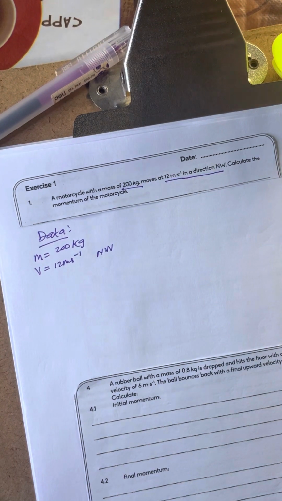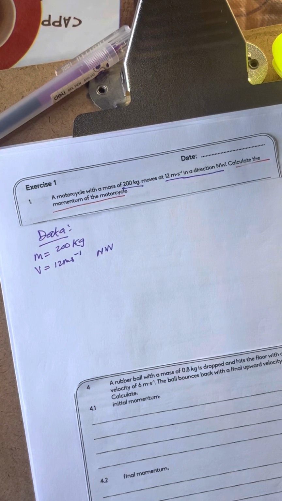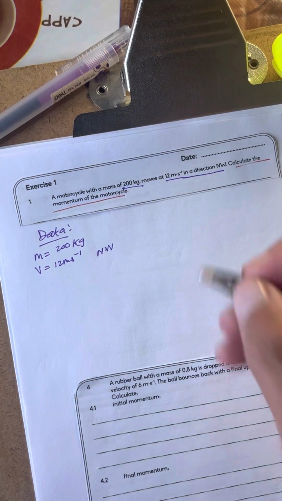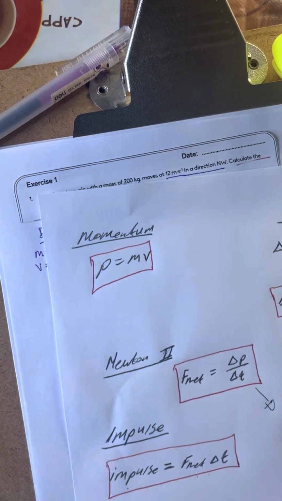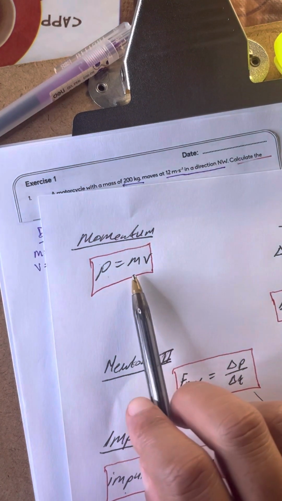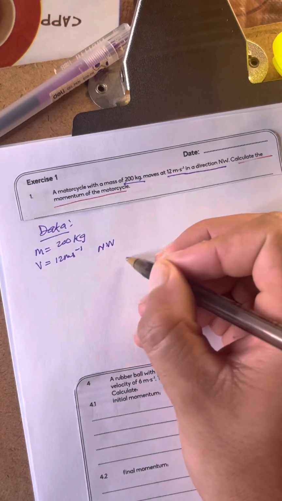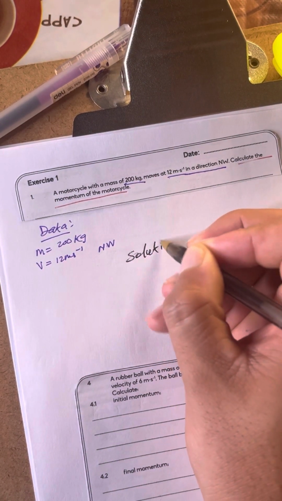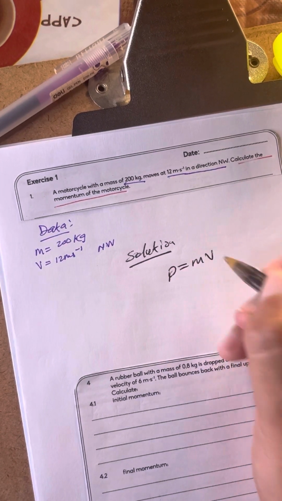The question says calculate the momentum of the motorcycle. So they want momentum. How do you calculate momentum? Remember the formula for momentum from the other paper. The formula for momentum is P equals mv. So we start by writing the formula. P, the solution. P equals mv.